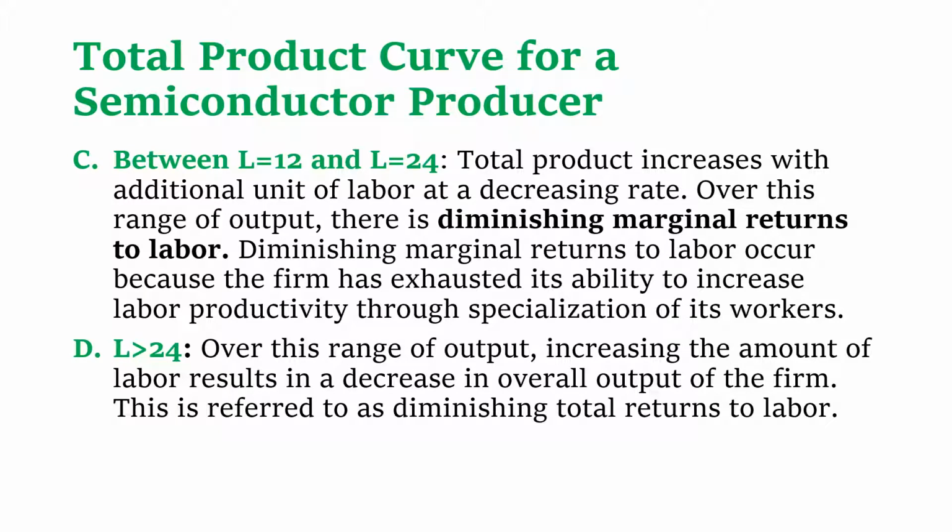Now beyond L equals 12, but below L equals 24, we see that even though output is increasing, it is increasing at a decreasing rate. And why is that? Because of diminishing marginal returns to labor.